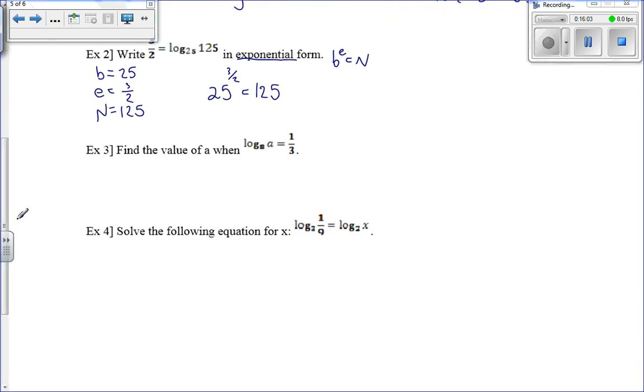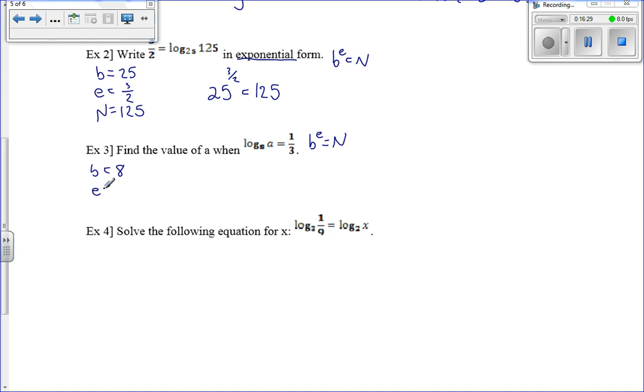For number 3, find the value of a when log base 8 of a equals 1/3. If I'm in logarithmic form and I'm trying to figure out a missing part, I need to turn it into bend form, exponential form. My base is 8.